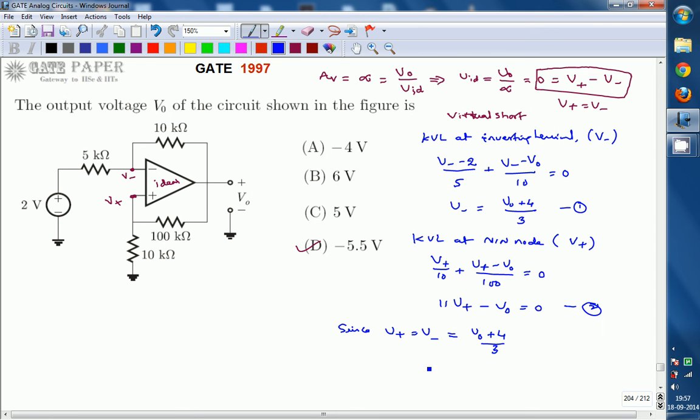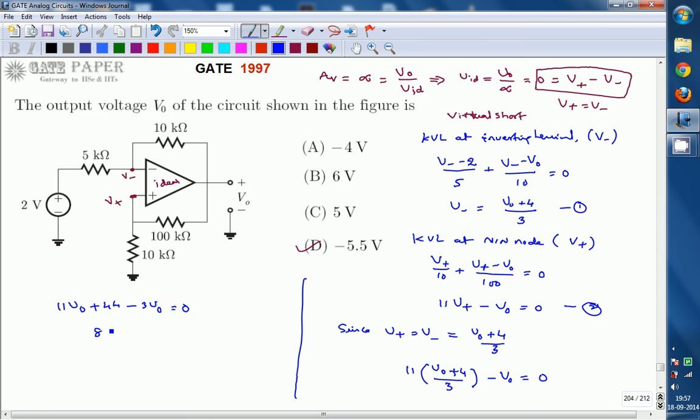So 11 times V0 plus 4 divided by 3 minus V0 is equal to 0. If you simplify, you get 11 V0 plus 44 minus 3 times V0 is equal to 0.